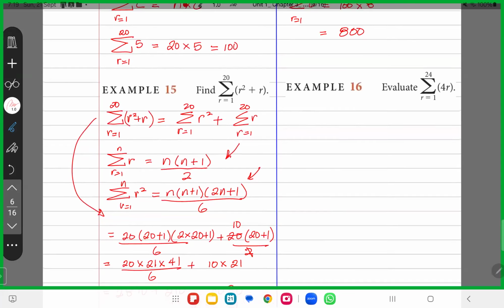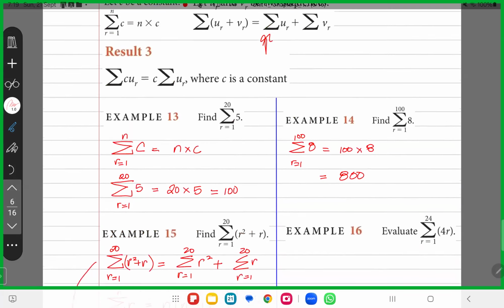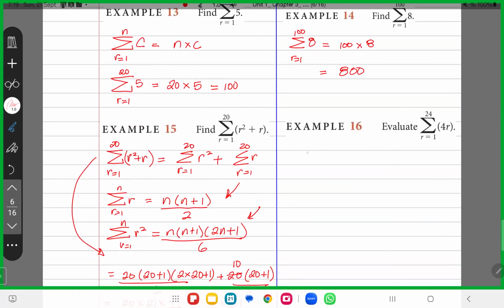All right, using summation result number 3, which essentially says that the sum from R equals 1 to n of C times UR is equal to C times the sum from R equals 1 to n of UR.